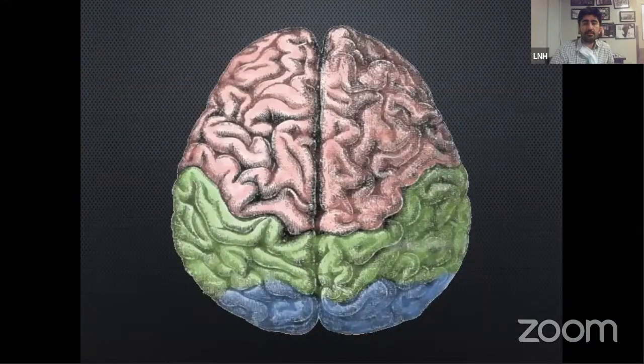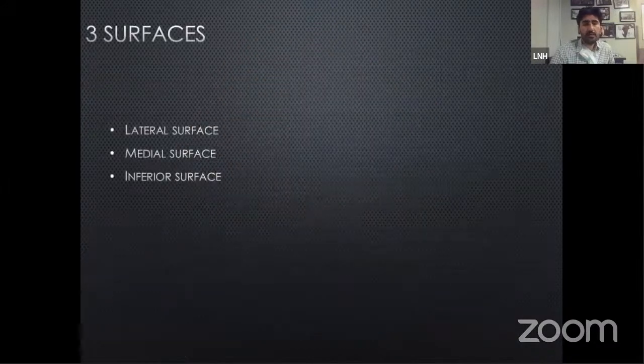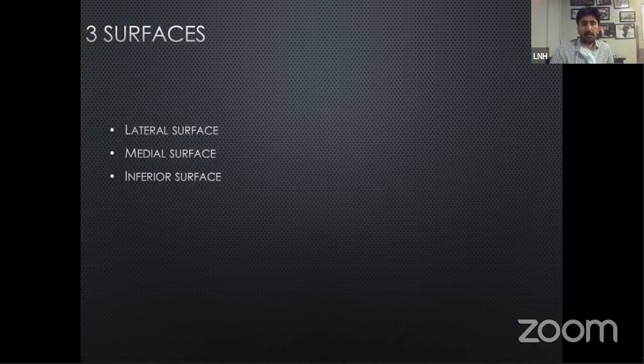And both paired occipital lobes are separated from each other in the midline by a deep fissure known as the cerebral fissure. Now we come to discuss the surfaces of the occipital lobe, and basically the occipital lobe consists of 3 surfaces. Number first, lateral surface, medial surface, and the inferior surface.